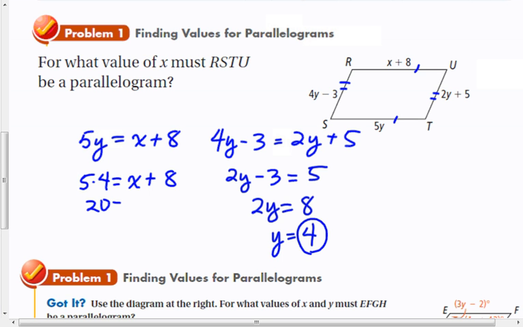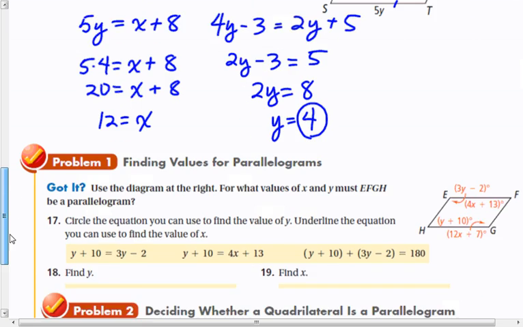And so subtracting 8 from both sides, we get x is equal to 12. All right, so if this is indeed a parallelogram, opposite sides have to be congruent, and for that to happen, x would have to be 12. Go ahead and do problem 1 here.